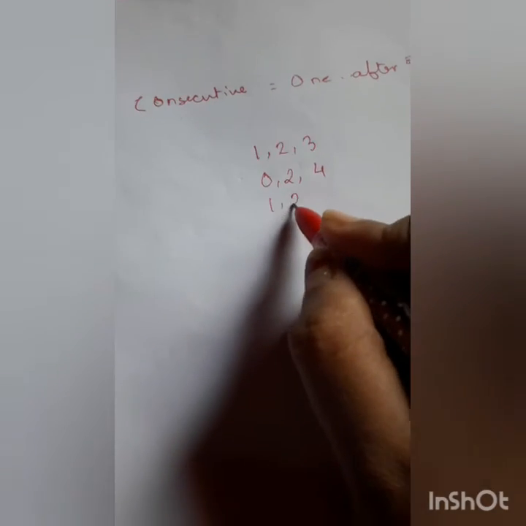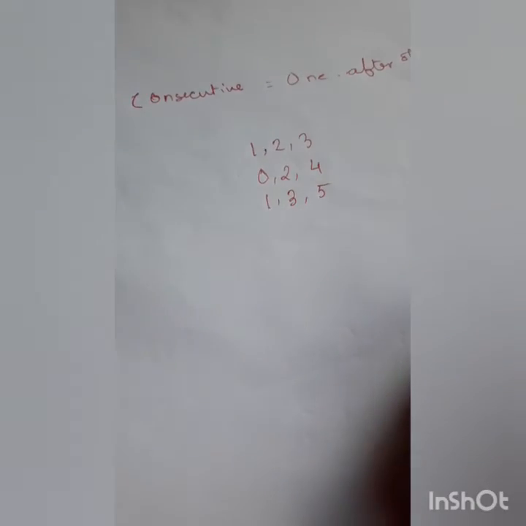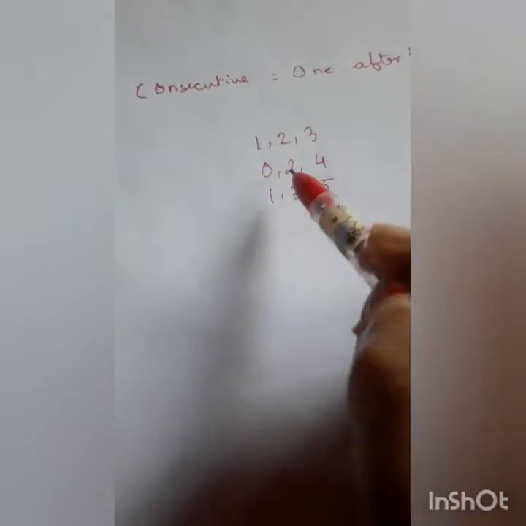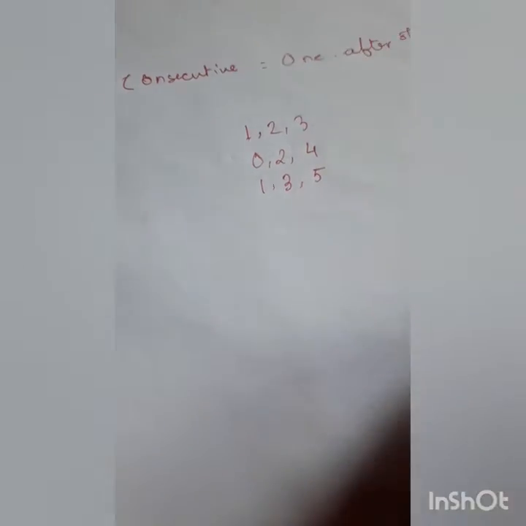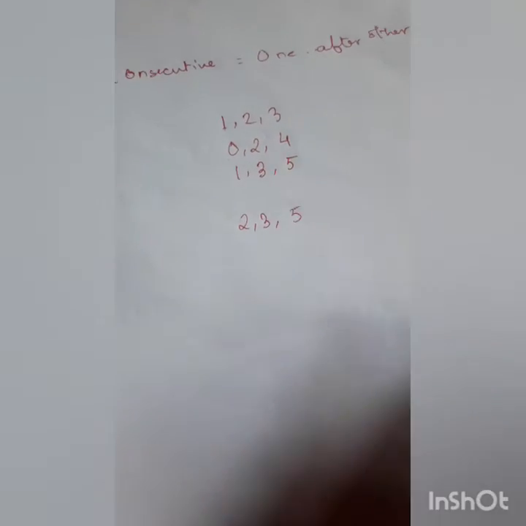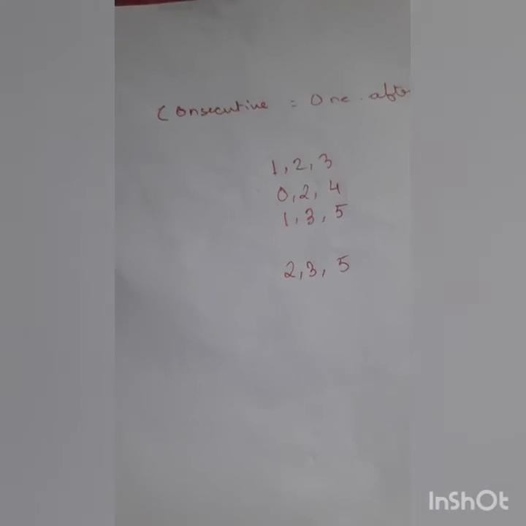First 3 consecutive odd numbers: 1, 3, 5. Alright, so this is the way. Consecutive means one after the other. You have to remember what type of consecutive I am mentioning. Say first 3 consecutive prime numbers. In that case 2, 3, 5. Alright, so this is the scenario.